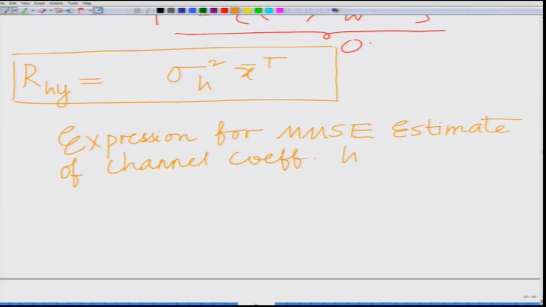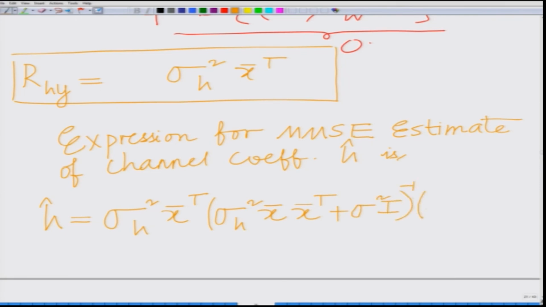your channel coefficient h hat is h hat equals R h y, which we have derived, sigma h square x bar transpose, times R y y inverse, which is sigma h square x bar transpose plus sigma square times identity, this inverse, into y bar minus x bar into mu h, plus mu h.